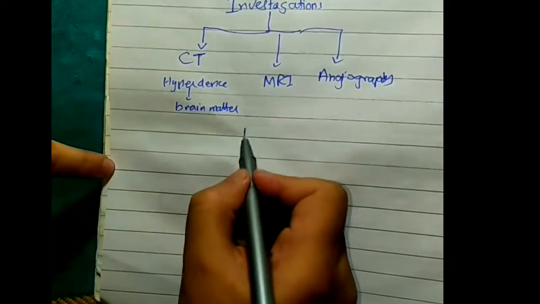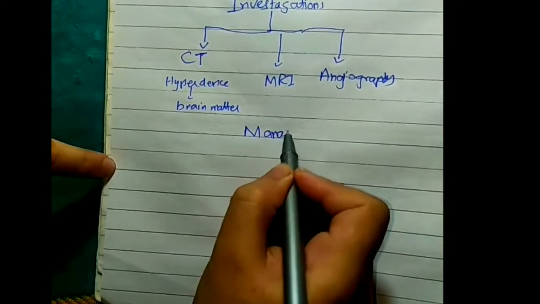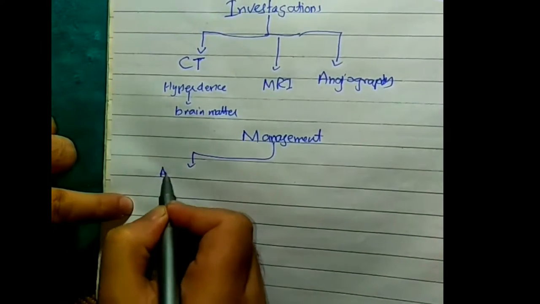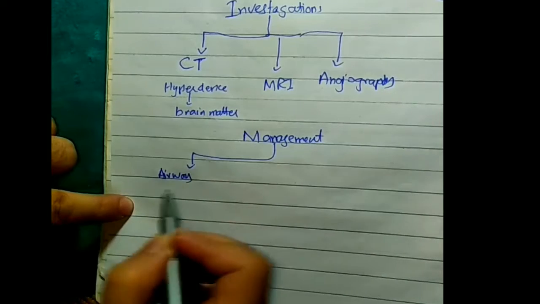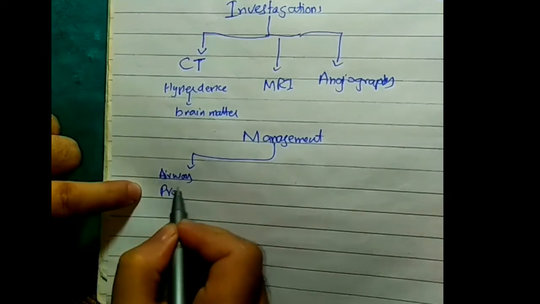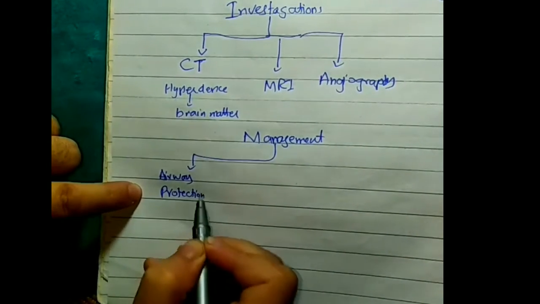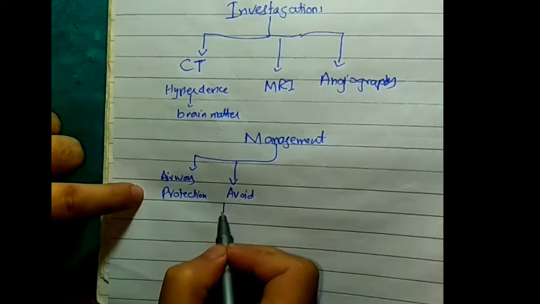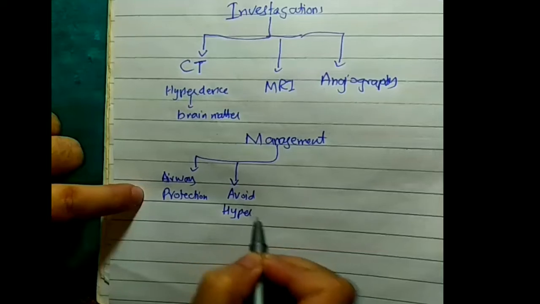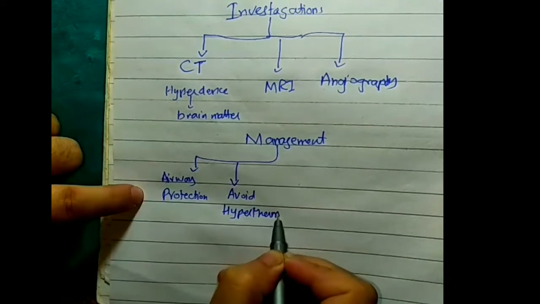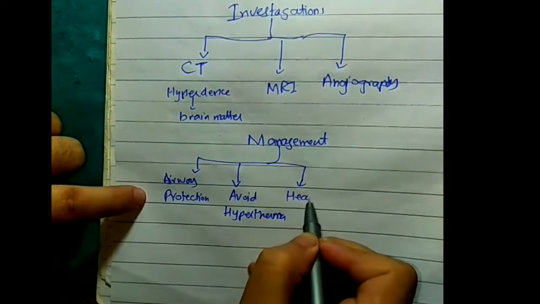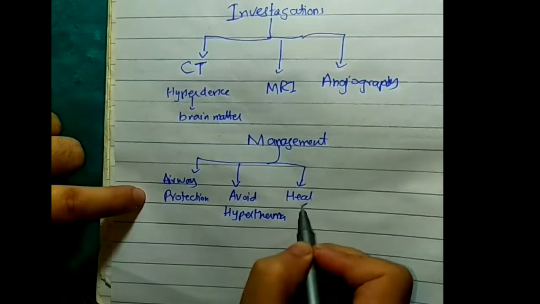Now we will discuss management. First of all, we will maintain the airway. Airway maintenance is the first step. You should avoid hyperthermia in the patient, and we elevate the head of the patient.